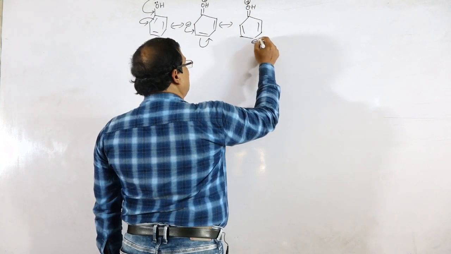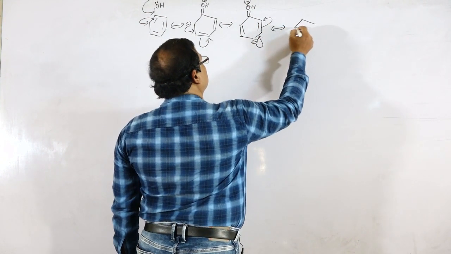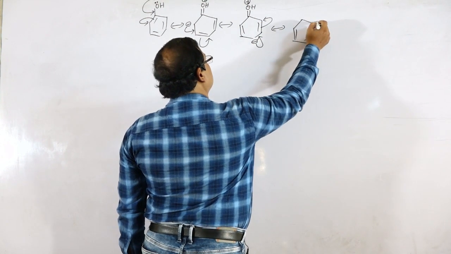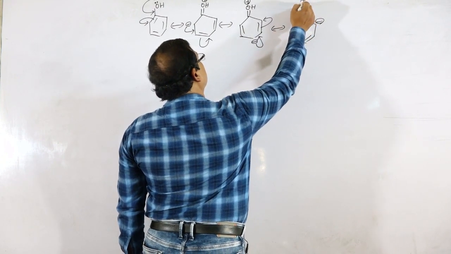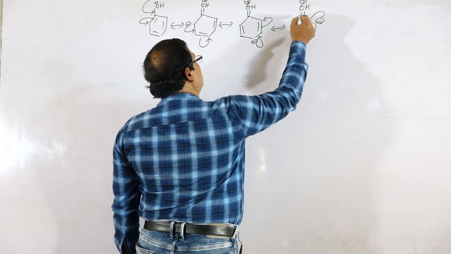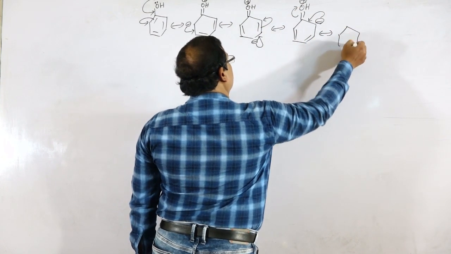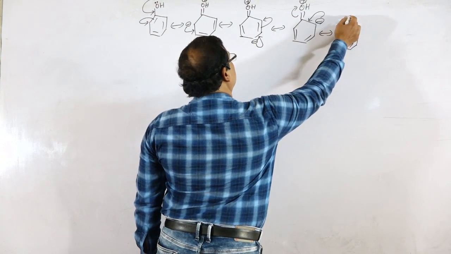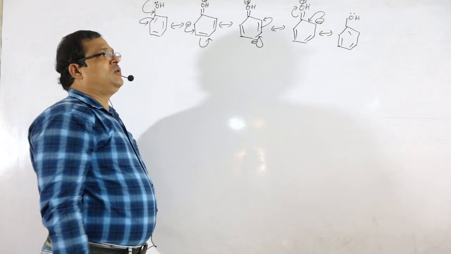The negative charge will shift to the bond, and the bond will shift to the next atom. Double bond, negative charge at this position. The negative charge comes to the bond, which will shift to the next atom. Double bond, that is OH, the oxygen atom that contains a lone pair of electrons.